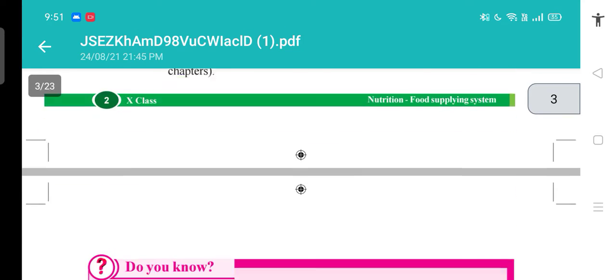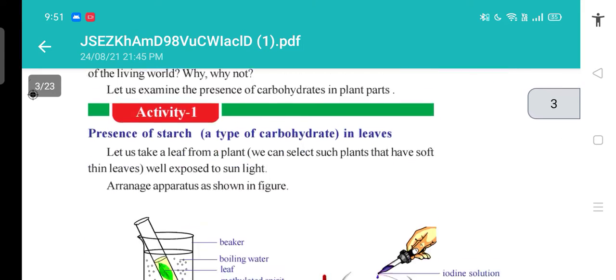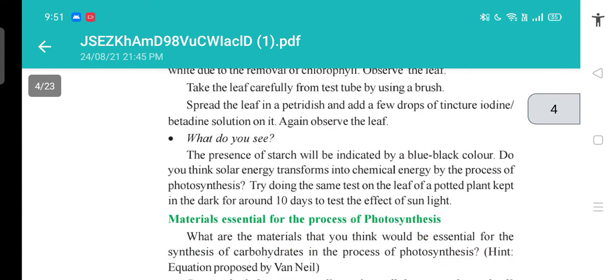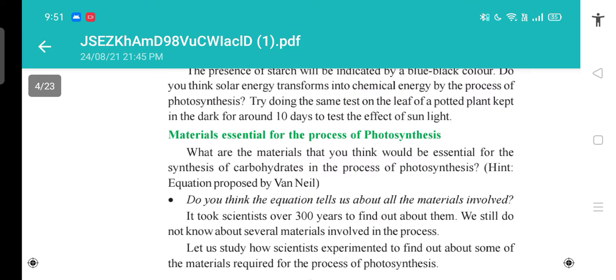Do you think the equation tells us about all the materials involved? Yes, absolutely. All the materials essential for photosynthesis are given in that equation.